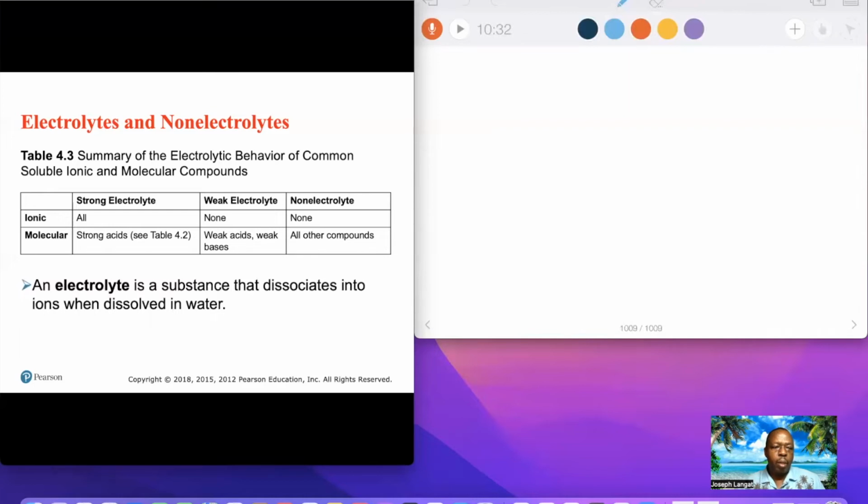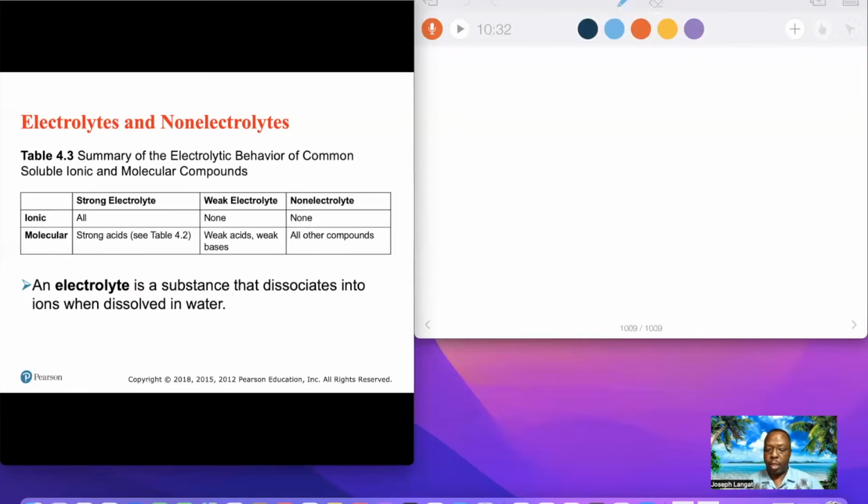The reason why strong electrolytes conduct electricity is because the substance dissociates into ions. The positive cations move towards the negative terminal, the cathode, and the negative anions move to the anode, which is the positive terminal.